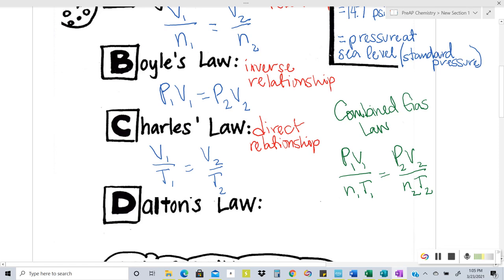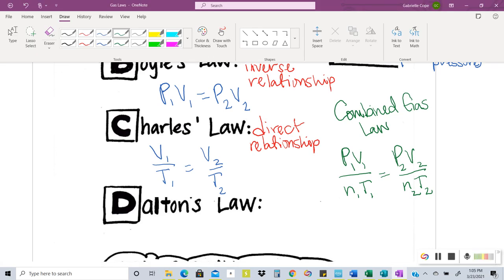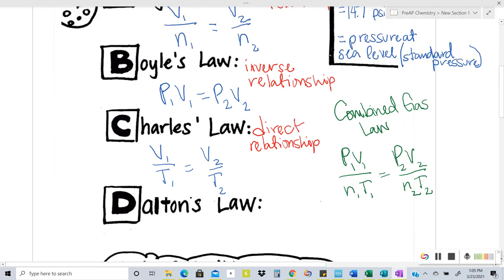And so at that point, we would say, okay, let's say we're not using moles. They didn't give us moles. We're just not going to use N. And so at that point, that would be our new equation. Or we could say we're not going to use volume. They didn't give us any volume, so we just don't use that one in our equation.